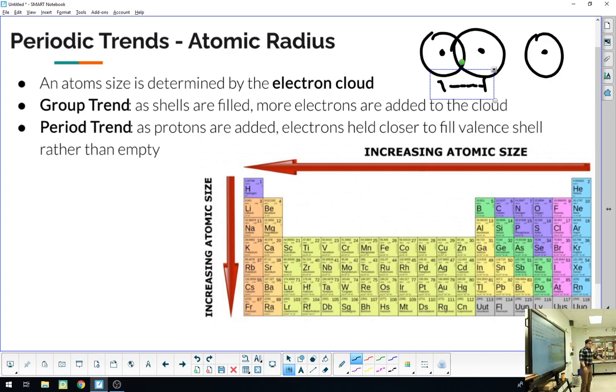Dawson, help me out again. All of the ones on the way left side have how many valence electrons? One. They have one valence electron. Do they want to keep that one, or do they tend to kick it away? They want to kick it away because it's closer to zero. So man, what do they do with that one electron? They're saying, I really don't want to hang out with you.